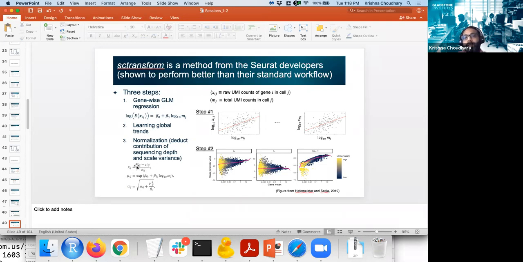So that is the interpretation of positive normalized values, and the negative values would mean the opposite, that the observed expression is lower than what would be expected given its mean expression in the population and the total number of UMI counts in the cell. I hope that makes sense.